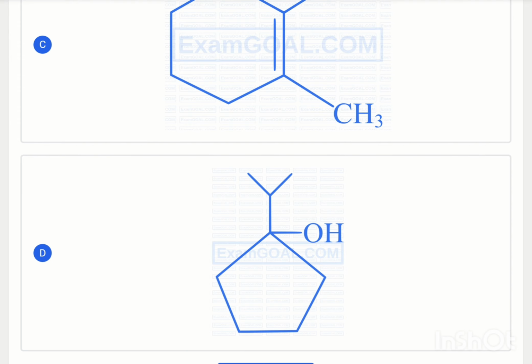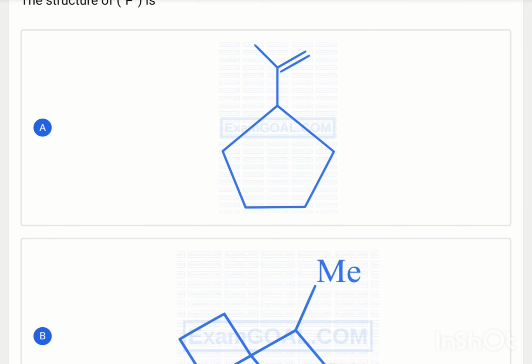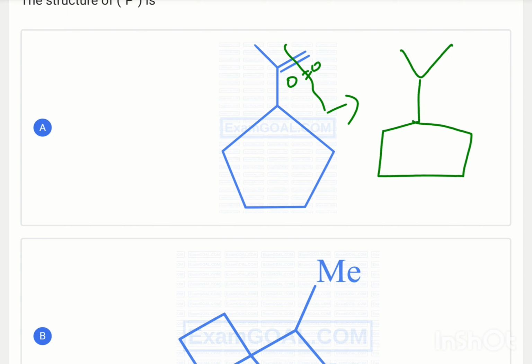D is our option. So if D gives the product, A will definitely also be giving the product. Why? Because here we have ozonolysis. Do the ozonolysis directly, so we can get a ketone. Double bond O, right?